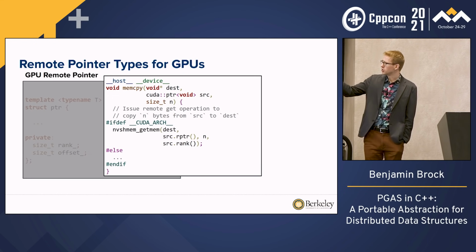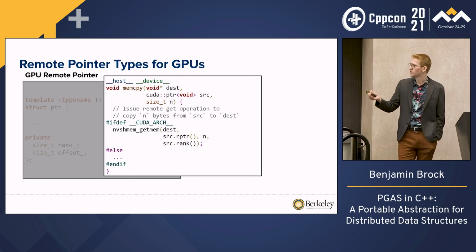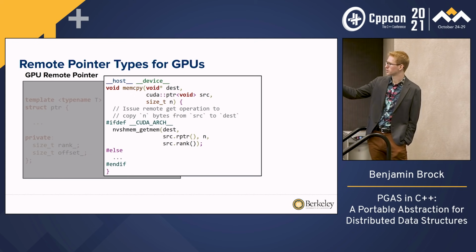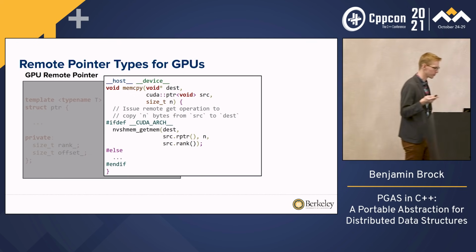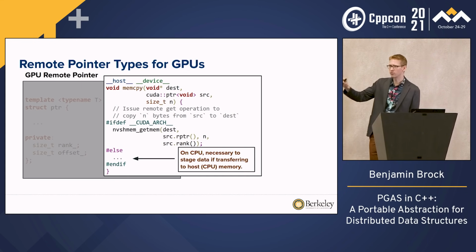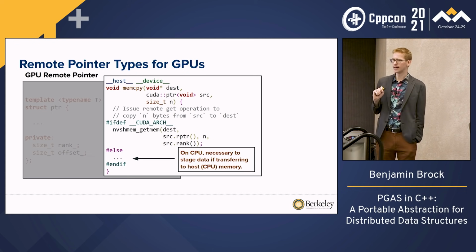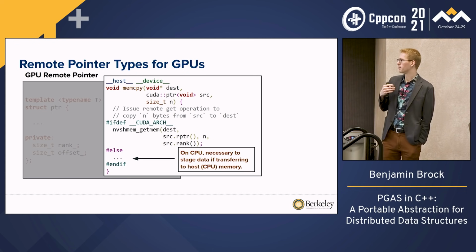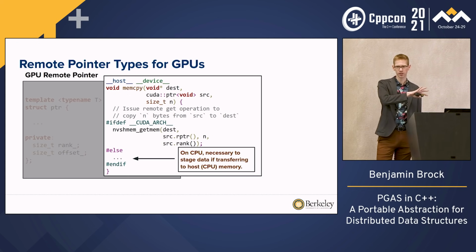And then we can use this ifdef basically like an if constexpr to say, if we're running on the GPU, then I want to call this particular method. Otherwise, I want to handle the logic for the CPU. I won't show the actual code here because it's slightly messy, but currently, if you're on the CPU accessing memory in NVSHMEM, you need to have GPU memory that you're using to write to the remote GPU.